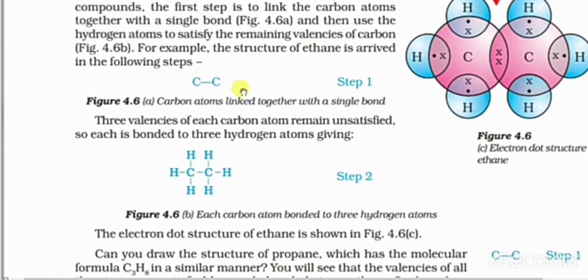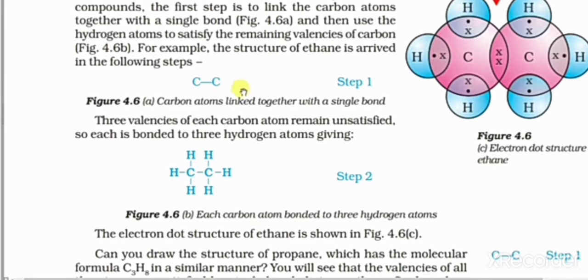See here, in step 1 two carbons are joined by one valence electron from one carbon and one valence electron from the other carbon. 3 valencies of each carbon atom remain unsatisfied, so each is bonded to 3 hydrogen atoms in step 2.